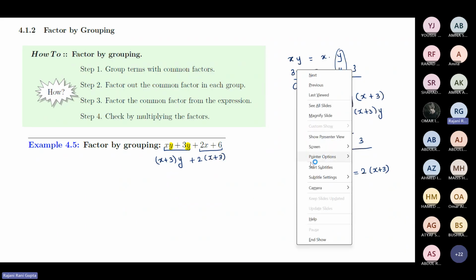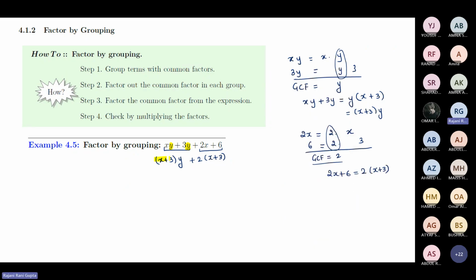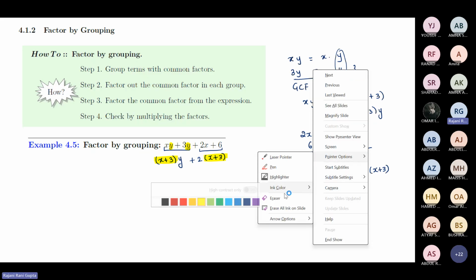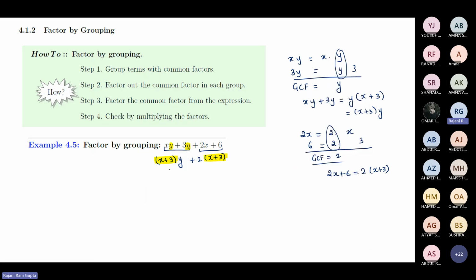Now, if you look at these two terms, here you have x plus 3 and here also you have x plus 3. So you can take this x plus 3 as a common factor, or you can say that x plus 3 is the greatest common factor for these terms. So one x plus 3 is gone.